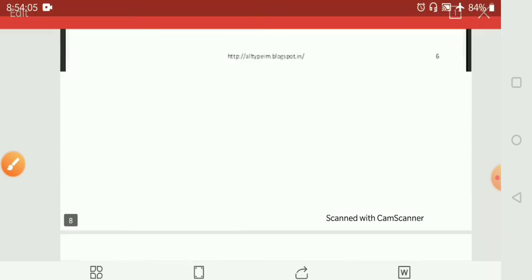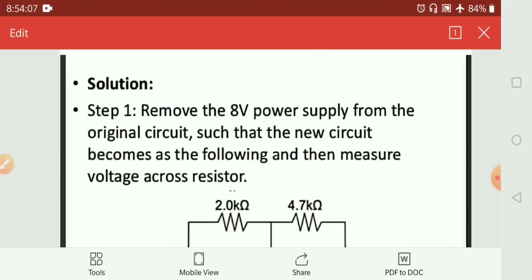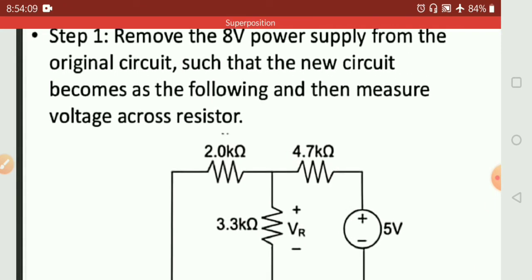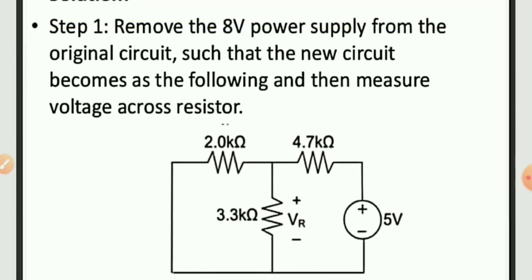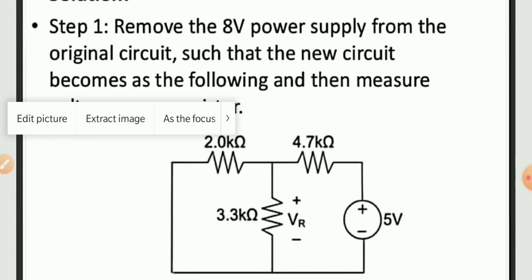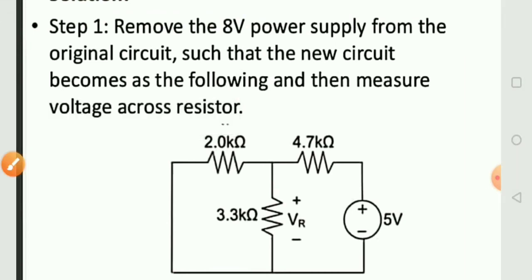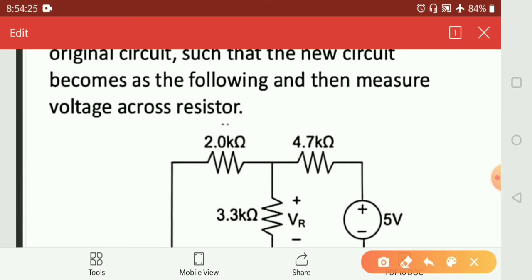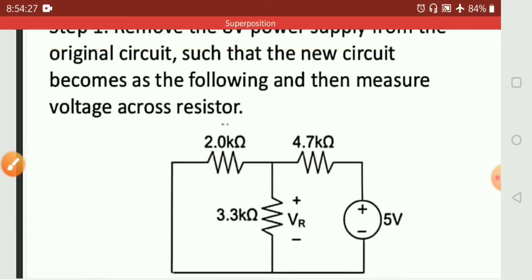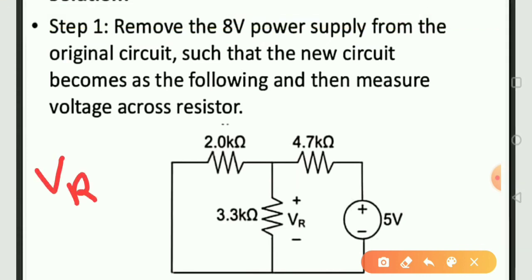In this figure, if we apply the voltage divider rule, here we find VR across the parallel resistance.